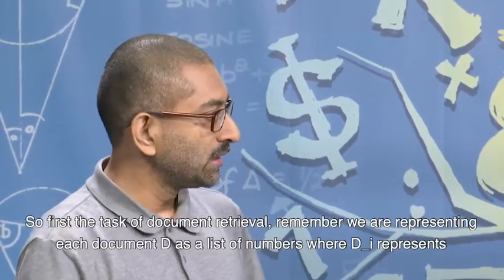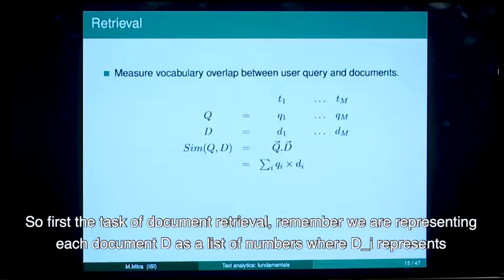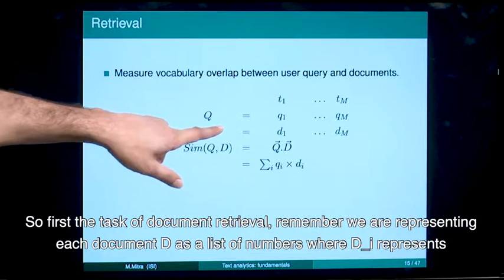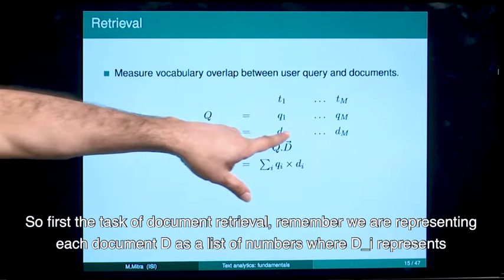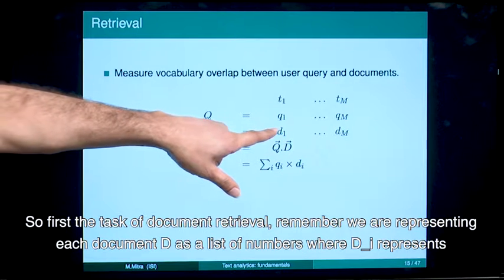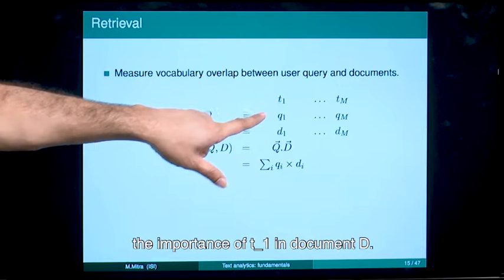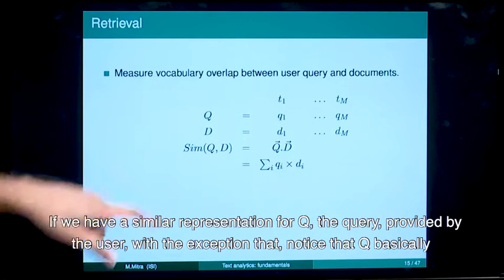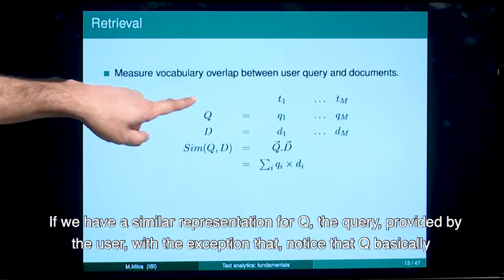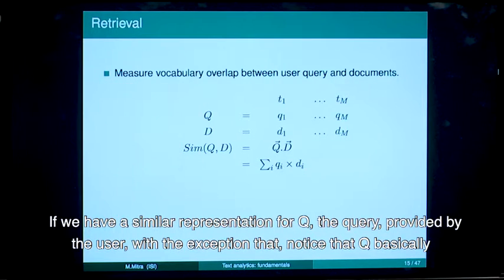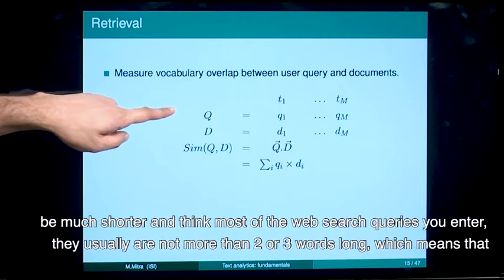So, first the task of document retrieval. Remember, we are representing each document D as a list of numbers, where Di represents the importance of Ti in document D. We have a similar representation for Q, the query provided by the user, with the exception that notice that Q will typically be much shorter.